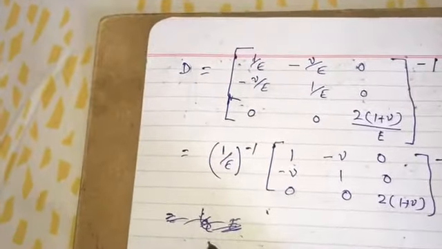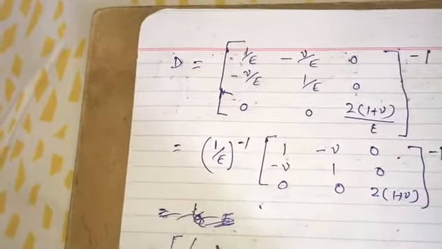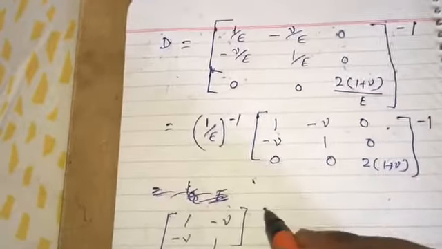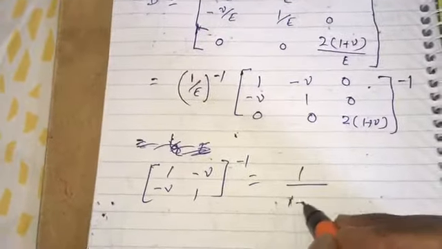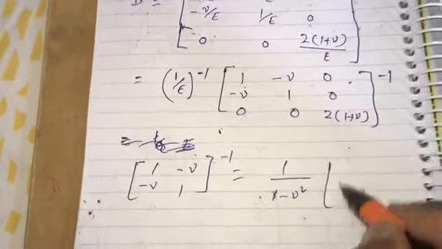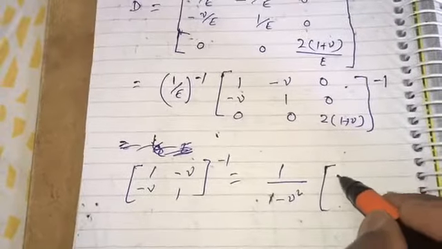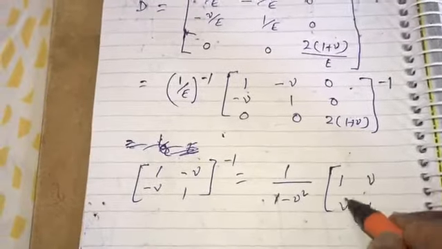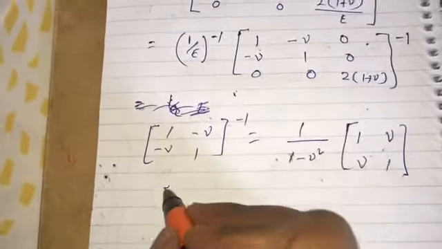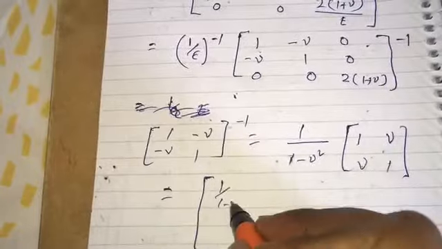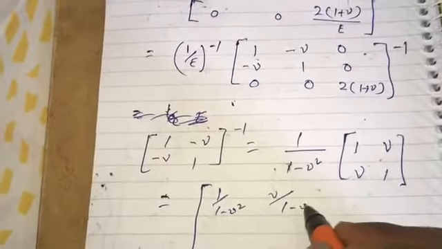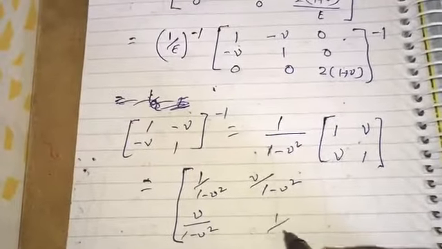What I mean is, let's first find the inverse of 1, minus nu, 1, which will be equal to 1 over 1 minus nu square multiplied by 1, 1 here, nu and nu. So what we get here is 1 over 1 minus nu square, nu over 1 minus nu square, nu over 1 minus nu square, and 1 over 1 minus nu square is the inverse of that.